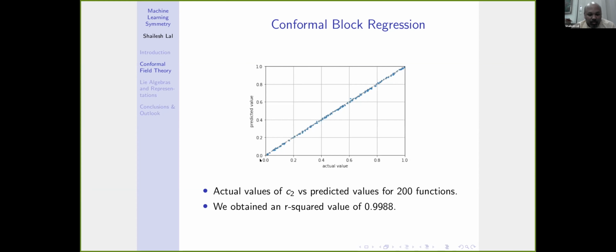You could also do the same thing as a similar regression problem, where you feed in candidate 4-point functions and ask it to predict the value of a given conformal block coefficient. You could do that, and again come up with the same plot, and you can see that it works pretty well.